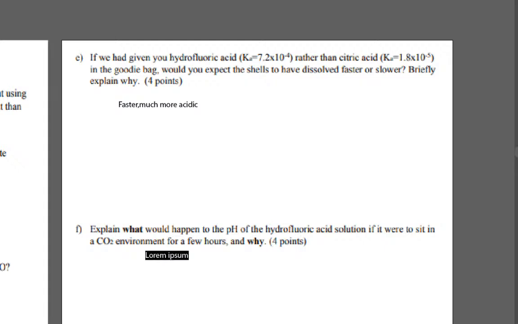So the pH would be, I would say, less acidic because of the carbon dioxide reacting with the water to create much more acid, but that in turn would result in the common ion effect, which would lead to precipitation, which would mean that the pH is less.